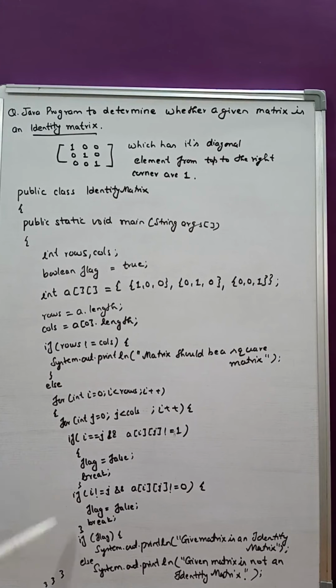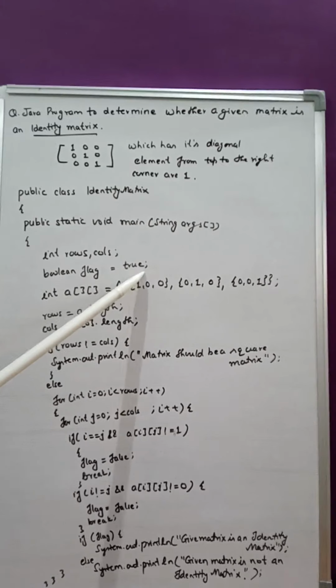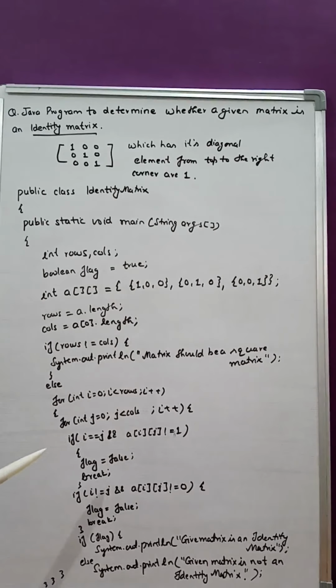Once we have checked both conditions, if either this is true or this is true, in both cases the value of flag will be false. Earlier we stored the value of flag as true. So if any of the conditions is true, the flag will have the value false.